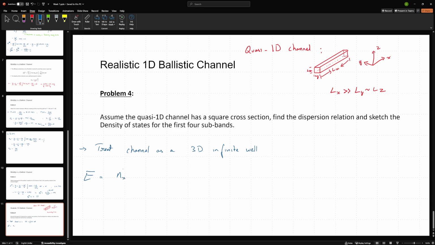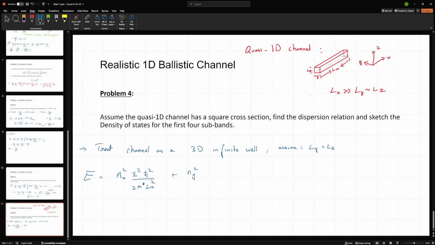So this is going to be nx squared pi squared h bar squared divided by 2m star Lx squared, plus ny squared, and assume, just for simplicity's sake, Ly equal to Lz.